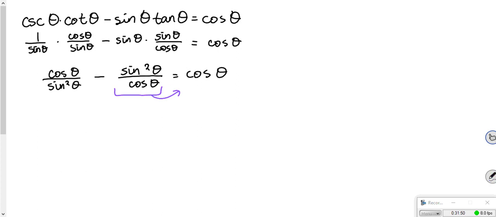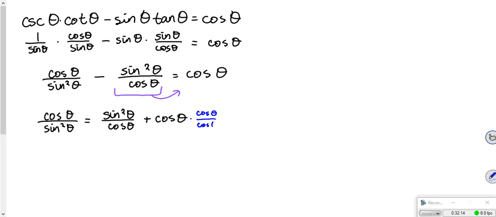So I've got cosine theta over sine squared theta equals sine squared theta over cosine theta plus cosine theta. And again, I need to get some common denominators here. So I'm going to multiply this by cosine theta over cosine theta to get common denominators.